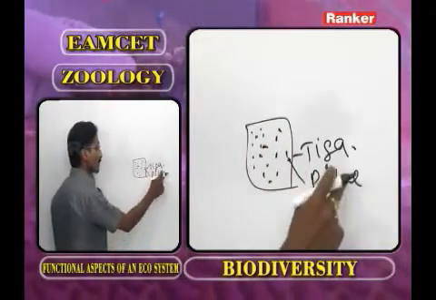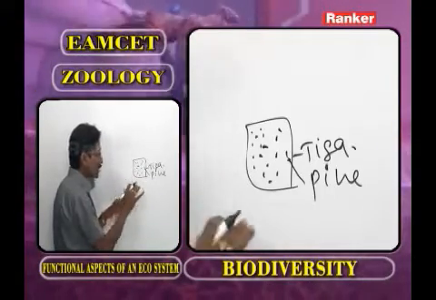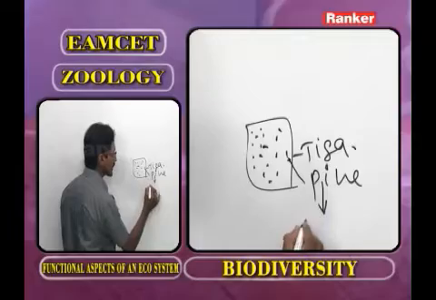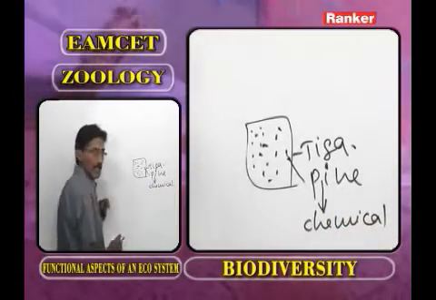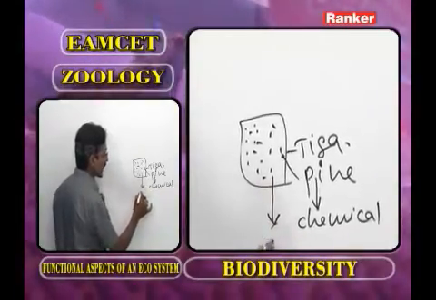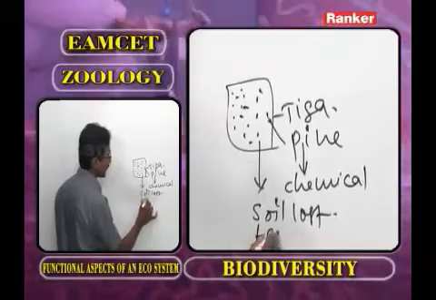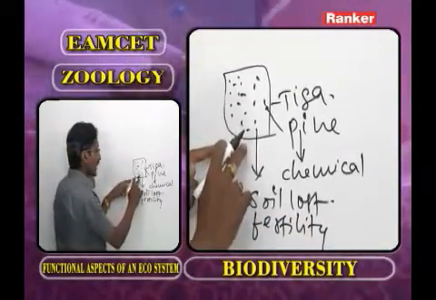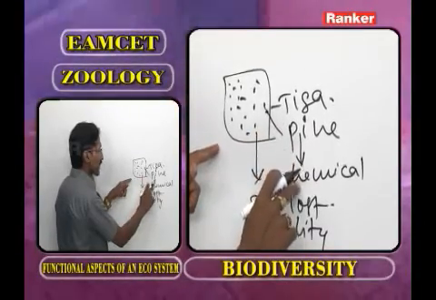The place where pine trees are present, there the grass plants do not grow because these pine trees will secrete a chemical. Because of this poisonous chemical, in this area, the soil loses fertility.